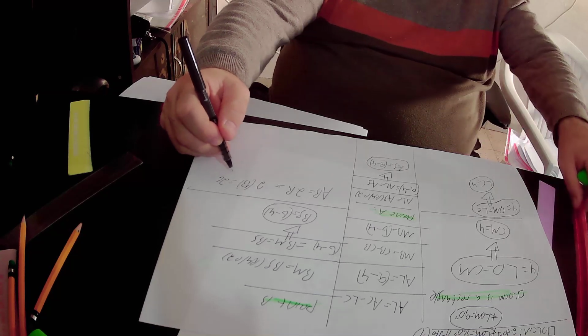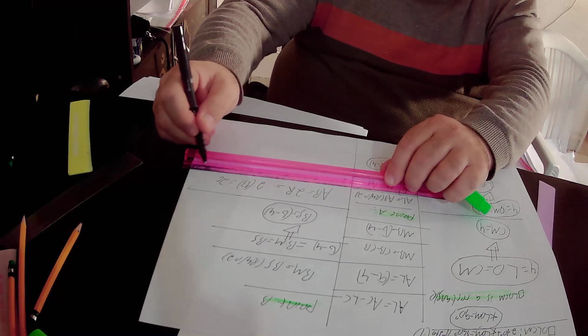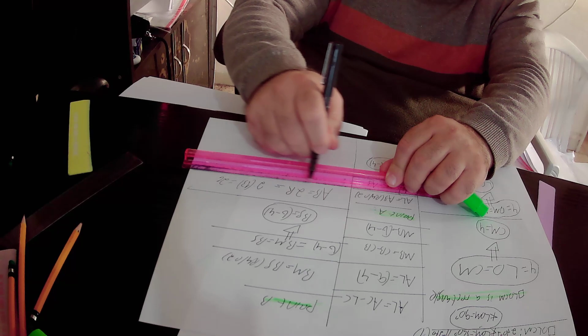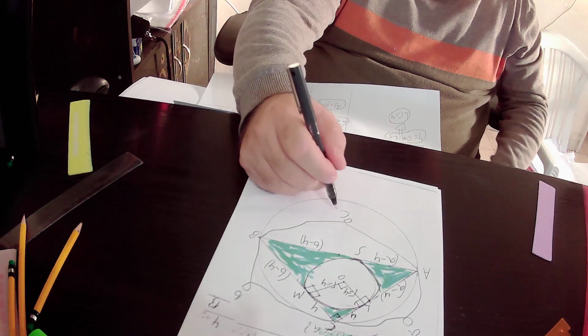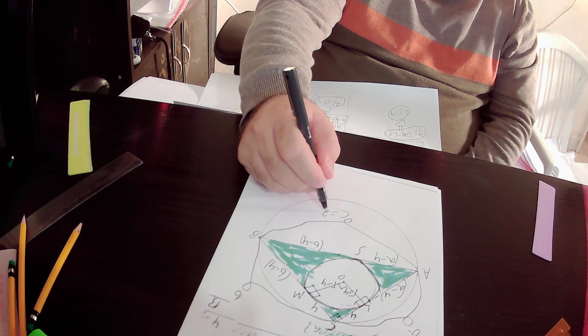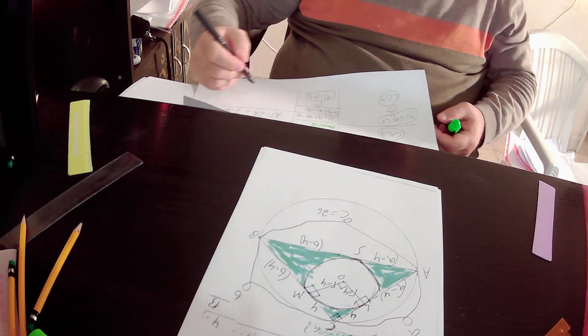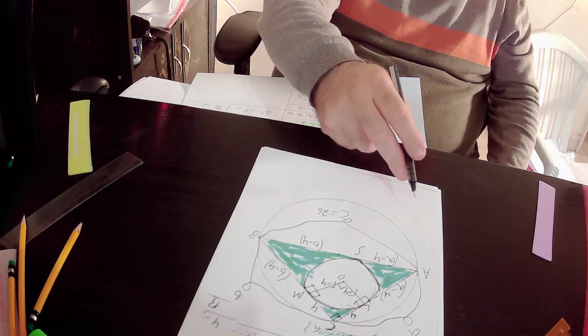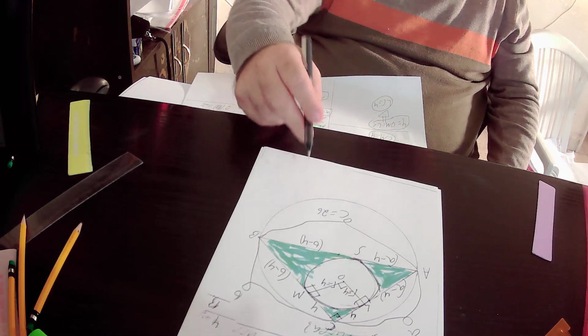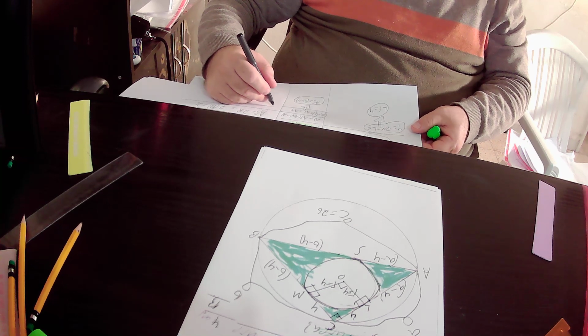So the diameter of the big circle equals 26 units. Here we can write down that AB equals 26 units. On one side, the diameter of the big circle equals 26 units.